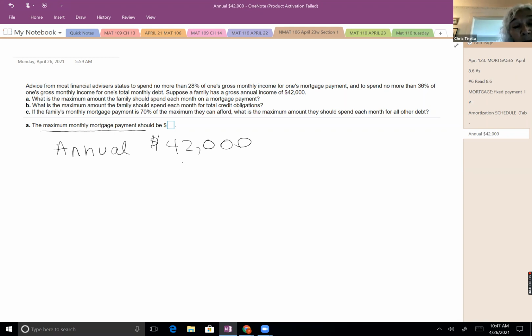Well, this is an annual income, and they say that we're supposed to be 28% of the monthly income. So what do you think we ought to do to that annual income to get a monthly income? Divided by 12. Beautiful, I like it. So when we take that 42,000 and divide by 12, we get $3,500 monthly.